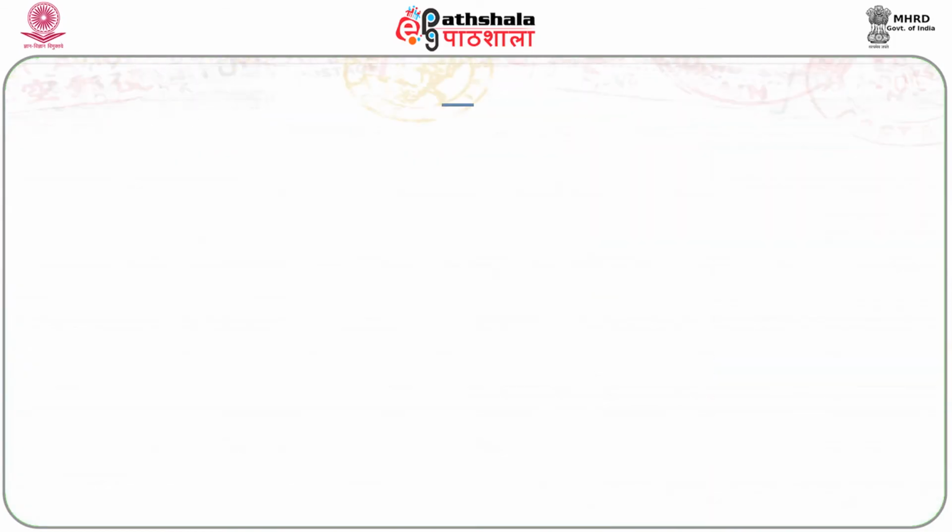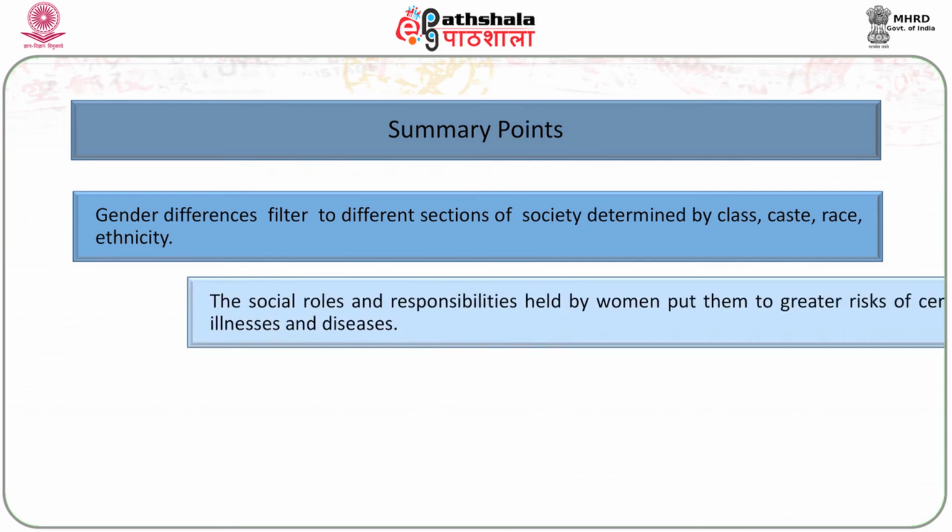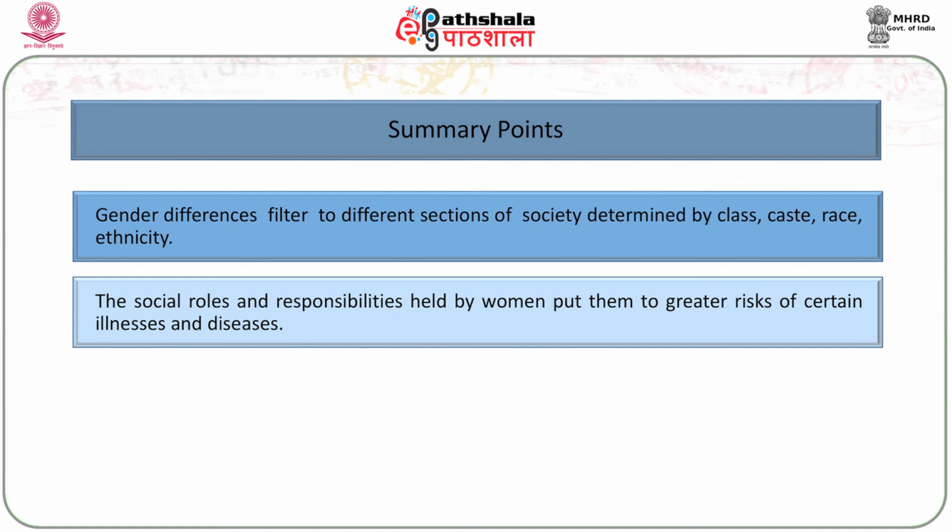So, let us wrap up this module and just refresh our memories by going over the main points. Gender differences filter to different sections of society determined by class, caste, race, and ethnicity. The social roles and responsibilities held by women put them at greater risk of certain particular illnesses and diseases.